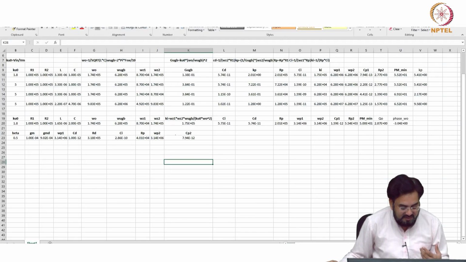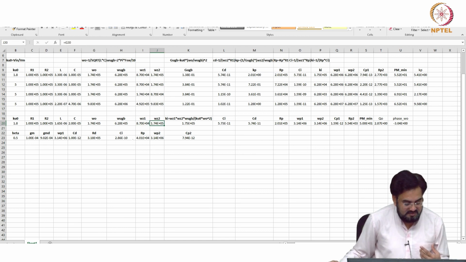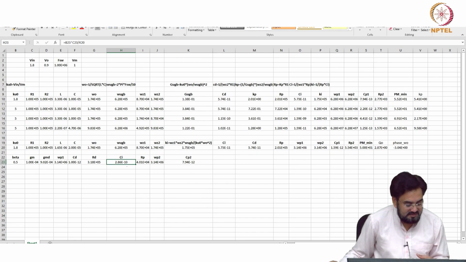So, the values I have calculated: omega Z1 is half of your omega naught, and that is at omega naught. Based on that I have calculated the CI that will be required there.